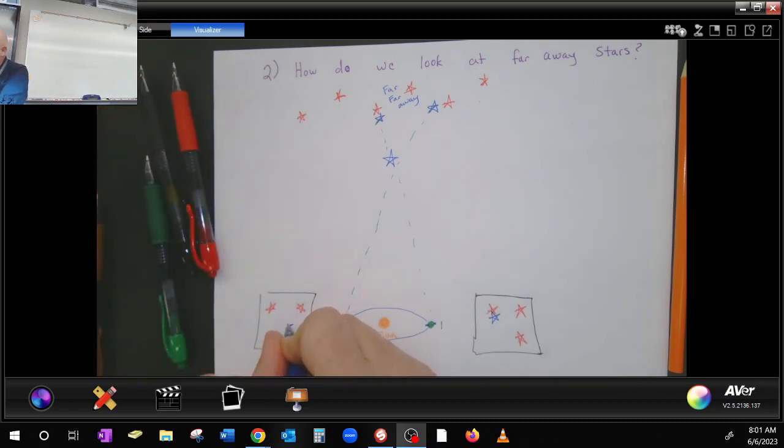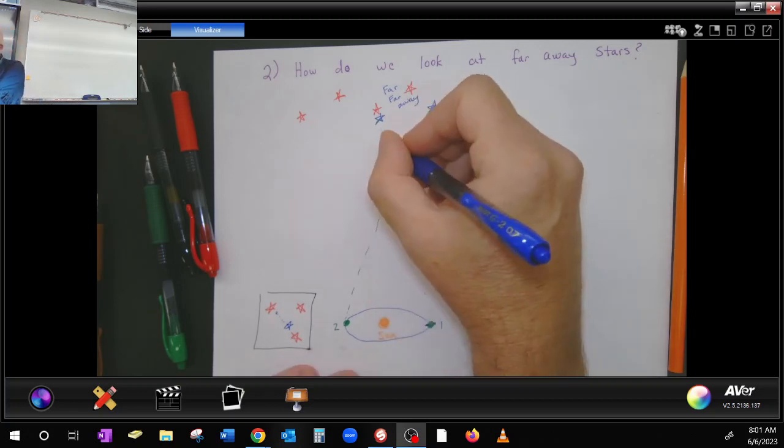Now that star looks like it's moved. It's shifted from being here to over to here. So we have that stellar parallax going on. All right, so from here, this is where it starts to get a little bit crazy.